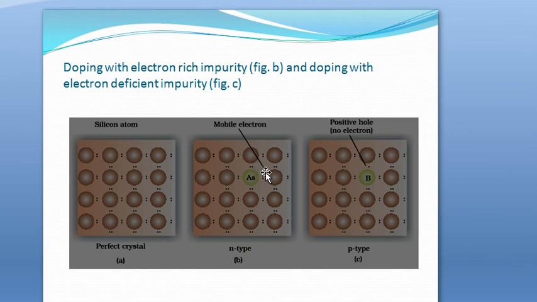There's an extra electron randomly moving in this crystal, right? Now this electron is negatively charged. It will start moving and improve the electrical conductivity of this crystal. Since the electrical conductivity is increased because of a negatively charged electron, that is why it is called an N-type semiconductor, right?